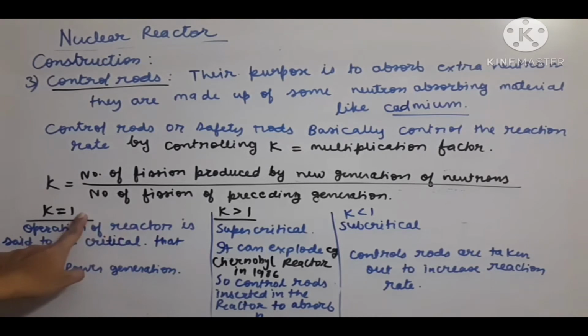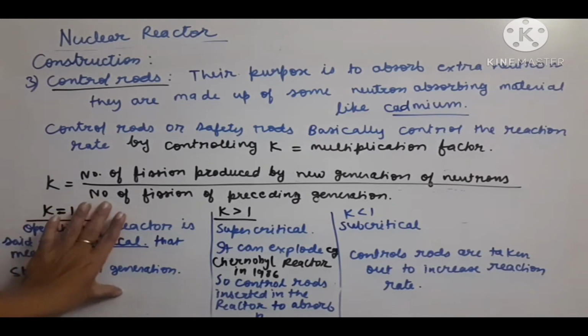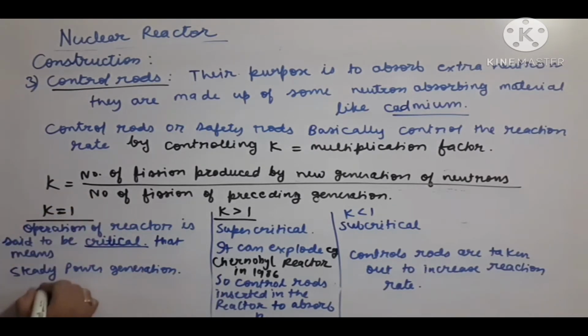Then the operation of the reactor is said to be critical. That means steady power generation is taking place. Everything is under control. So this is the case which we want. K equal to 1 we want.